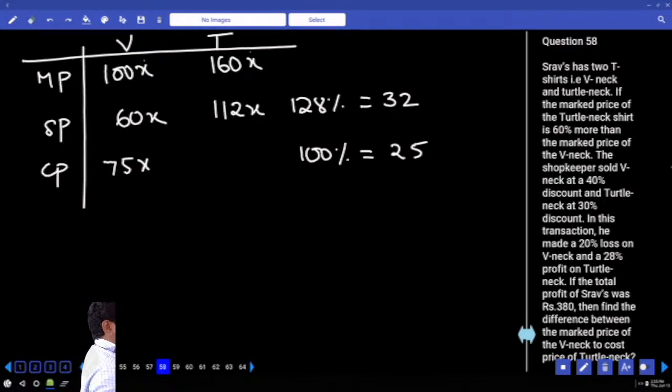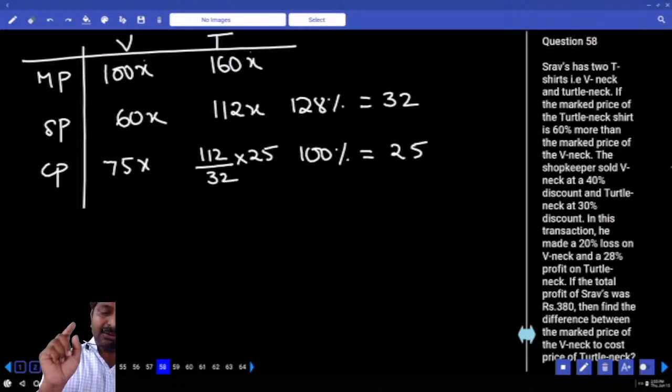Is it a direct multiple of 32? No. Then 1 part is equal to 112 divided by 32. Cost price is 25 parts, so 25 into that.